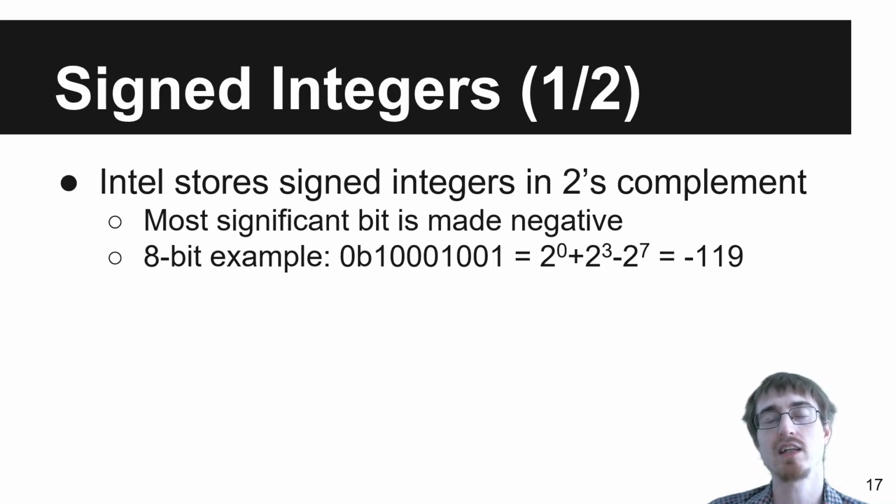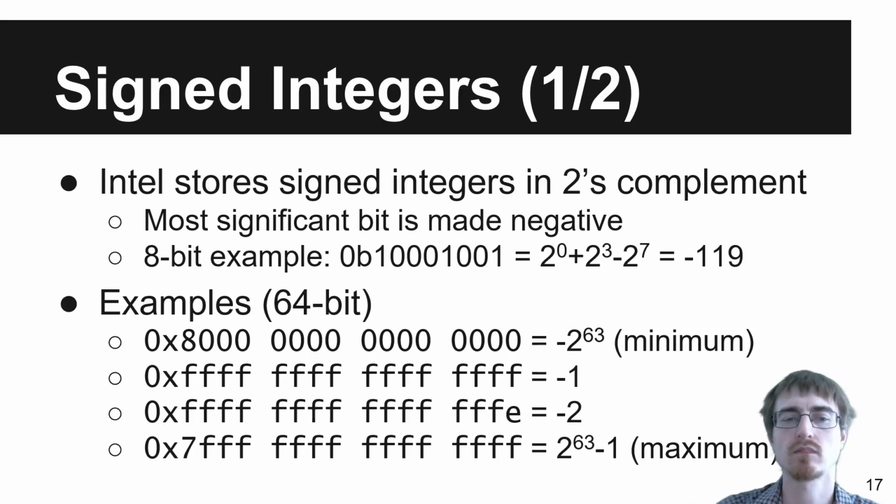The minus is because this is 2's complement, and we subtract the highest order bit. This means that if the most significant bit is set, the number is always negative, because the most significant bit has more value than all the others put together. So we subtract 128 and end up with the value, feel free to compute it for yourself, of minus 119.